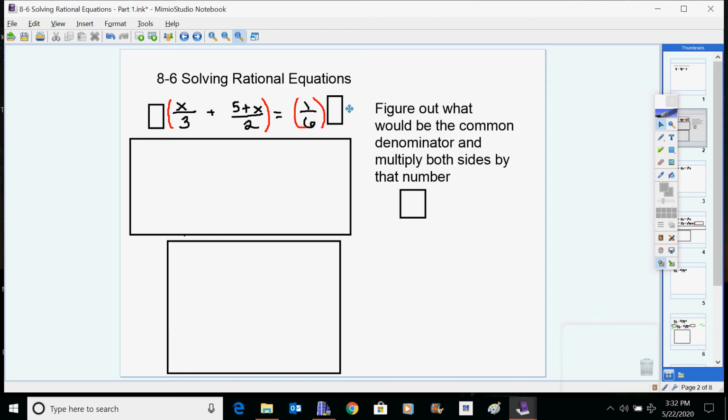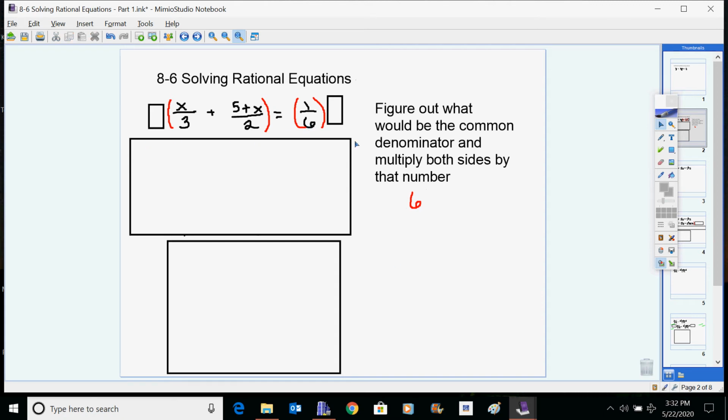So when we look at this and we say, okay, 3 and 2 and 6, what number would be our common denominator? When it's just plain numbers, hopefully the easy ones would jump out to you and you'd say, okay, yes, 6 is going to be my common denominator.